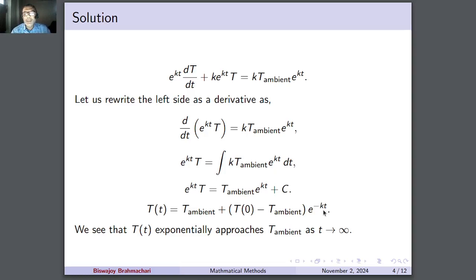So when t goes to infinity, the second term becomes negligible, and the temperature at t equal to infinity is equal to the ambient temperature. This is a prediction from physics that at t equal to infinity, the temperature of the body will be equal to the ambient temperature.